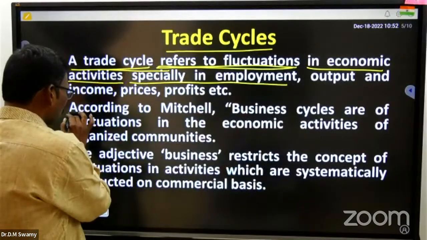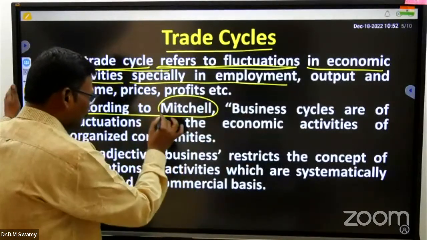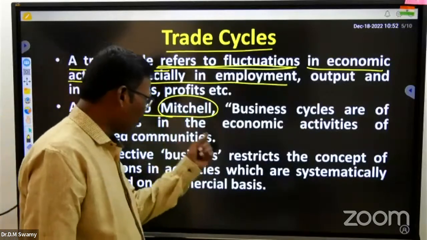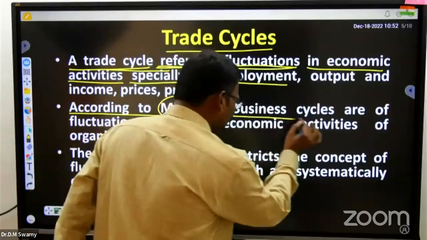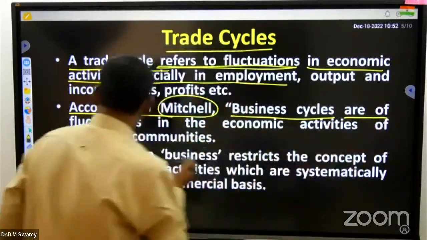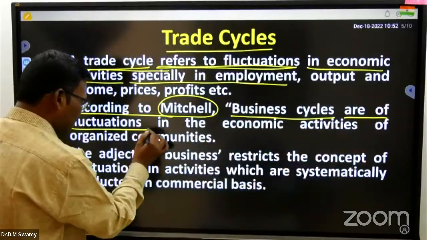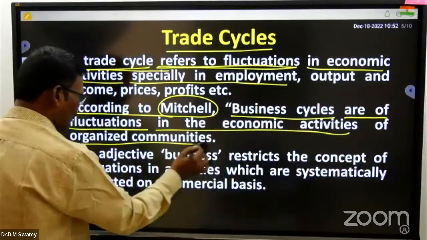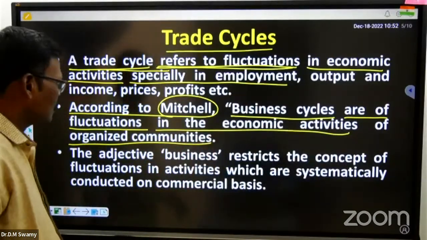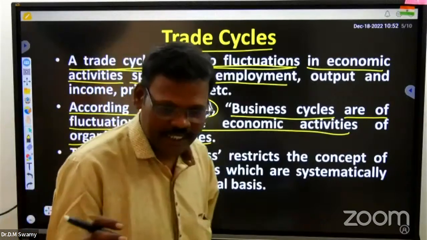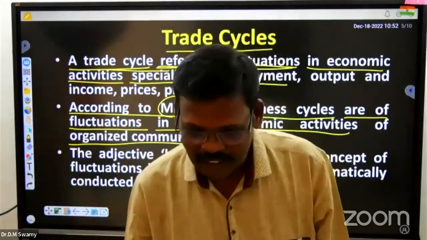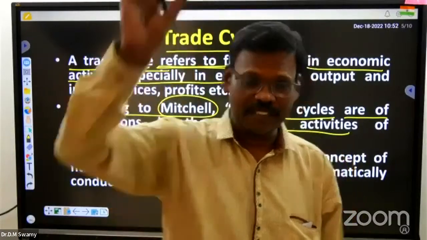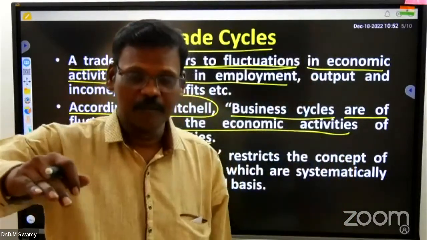Among them, according to Michael, one of the economists, business cycles are fluctuations in the economic activities of organized communities. Business cycle or trade cycle is nothing but fluctuations in organized communities.